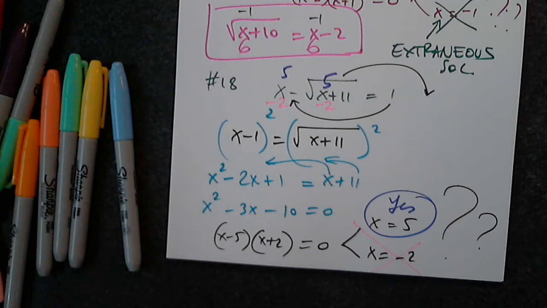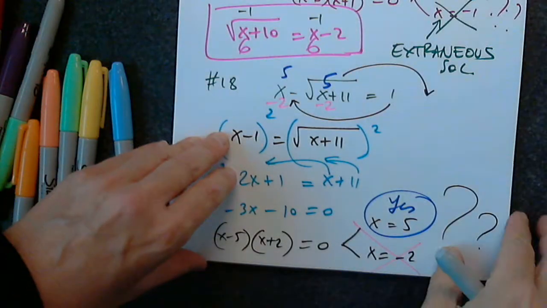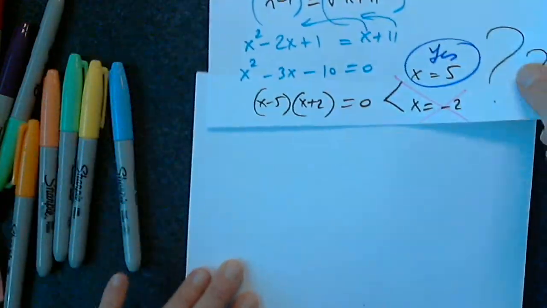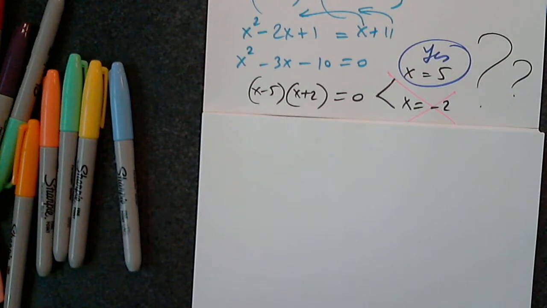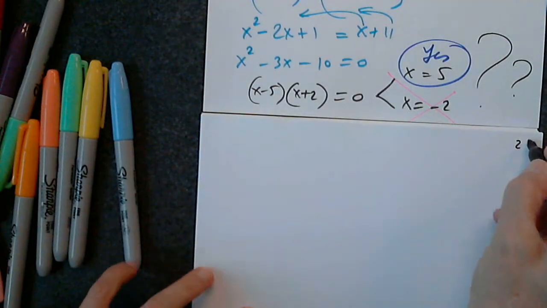This is section 1.5. This is section 1.6, other types of equations. Section 1.6. Ready to continue? Okay, the next in line is equations with rational exponents.